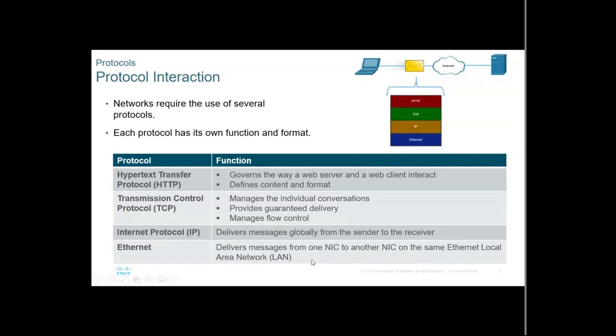This is only inside the LAN. So if I'm communicating with Google, I will use MAC addresses between my computer and my gateway, because that's one LAN. Then I would use IP addresses to actually get to the destination, even if it's global.